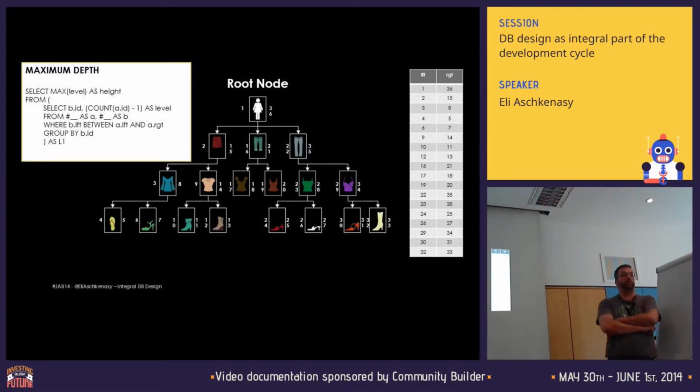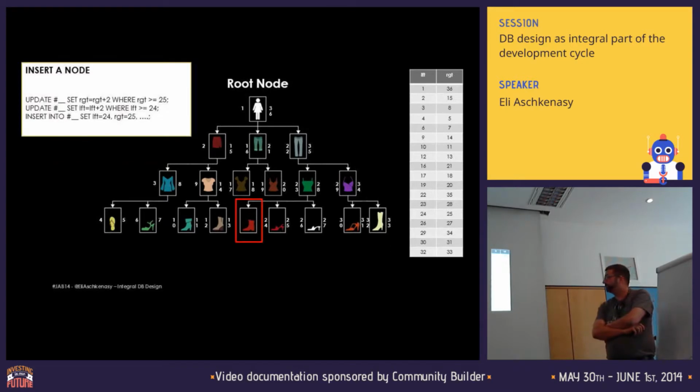So all these computational things, like the maximum depth, the longest path in your whole hierarchy, and all these slides will be available afterwards, so you can have the code afterwards.